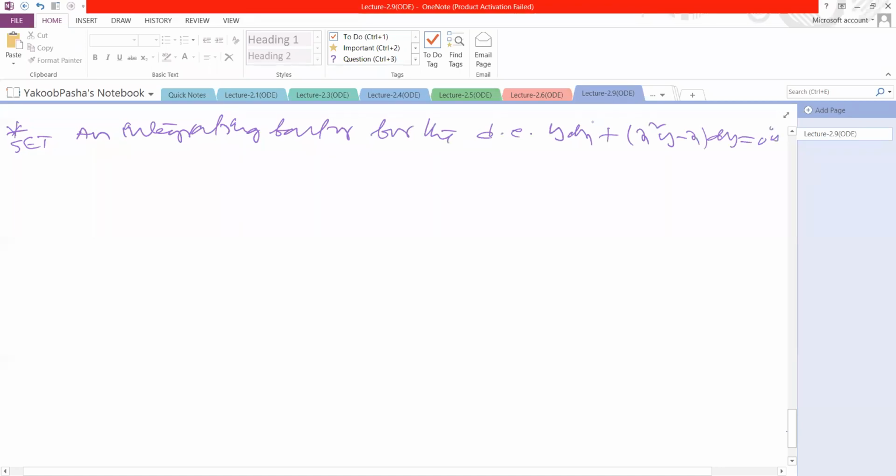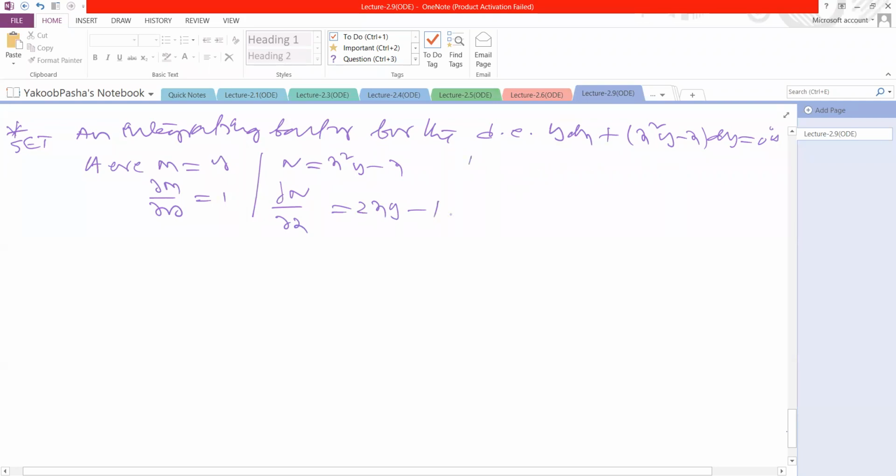This is the problem. First, I am writing the m value. This y, dou m by dou y value is 1, and n value x square y minus x, dou n by dou x value is 2xy minus 1. Now here y is common, but here we can take x common. X common is coming.